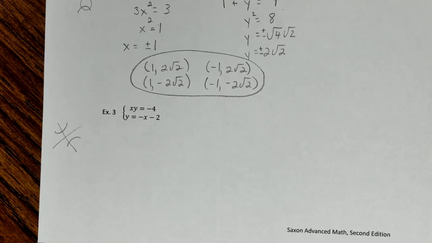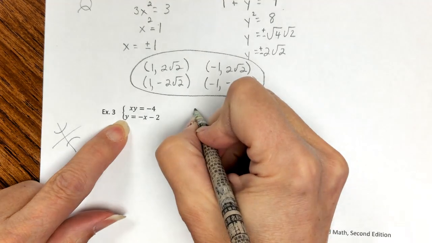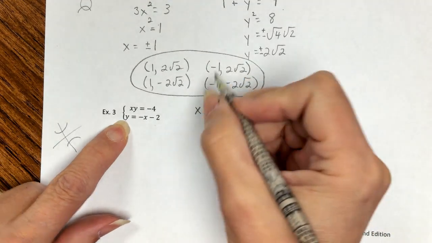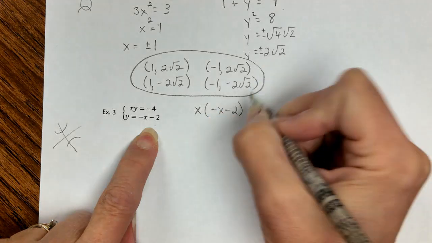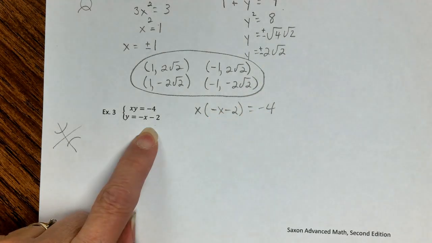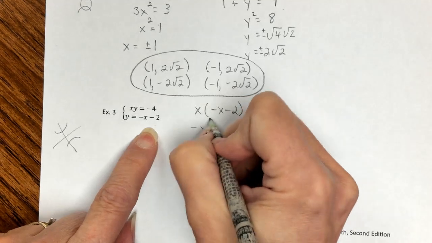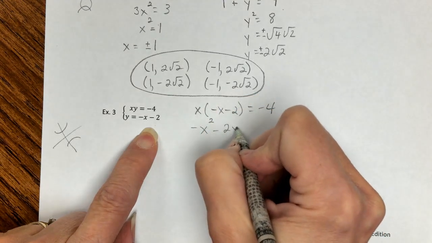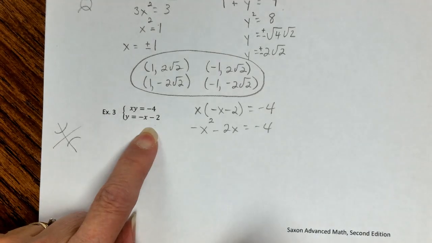What do we want to do for this one? Probably substitution again, because it's not like something's going to eliminate very easily. So that y is already by itself. We'll put that into the first equation. X times what y equals, negative x minus 2, equals negative 4. All right, so we distribute: negative x squared minus 2x equals negative 4.